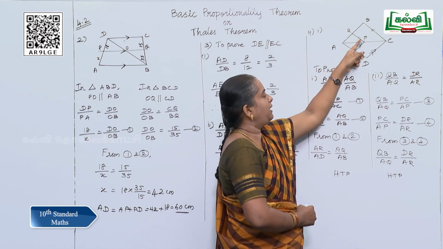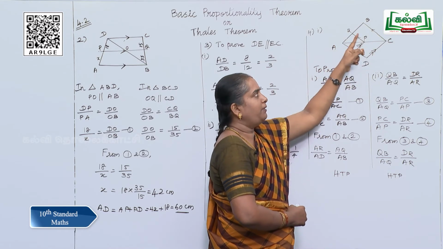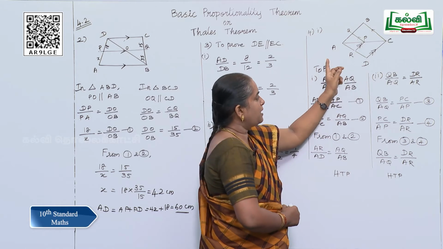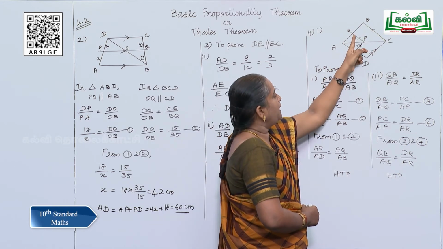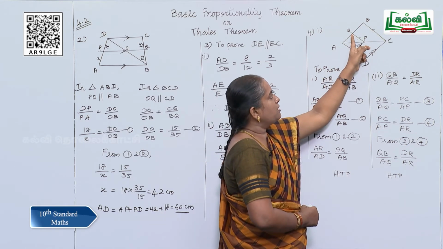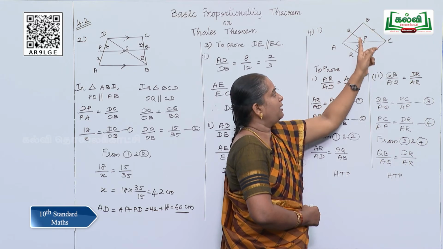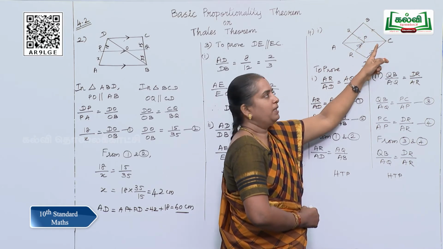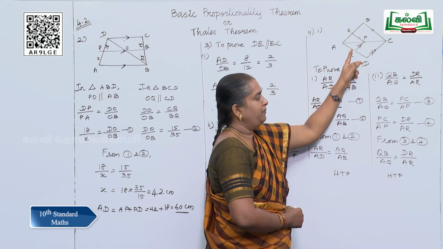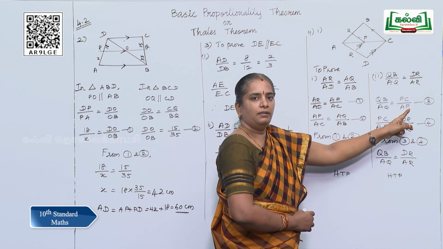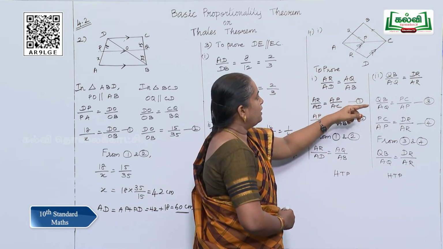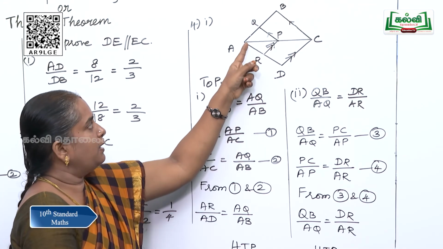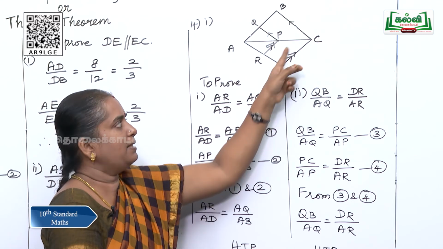In triangle BAC, PQ is parallel to BC, so we can apply Thales theorem, which says that QB by AQ is equal to PC by AP, since we have taken QB on this side and PC here. That is our third equation. Let us go to the next one, the second triangle ADC.